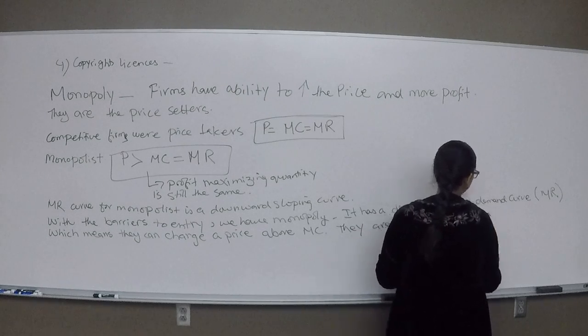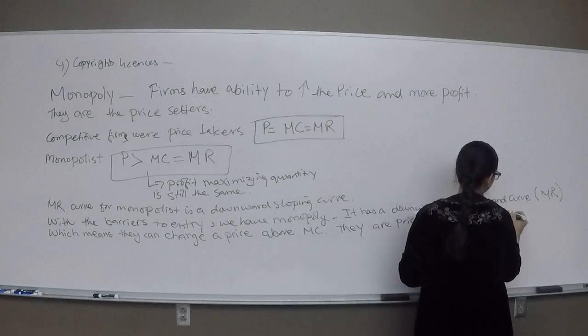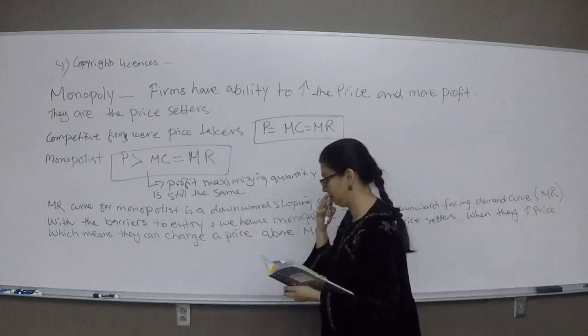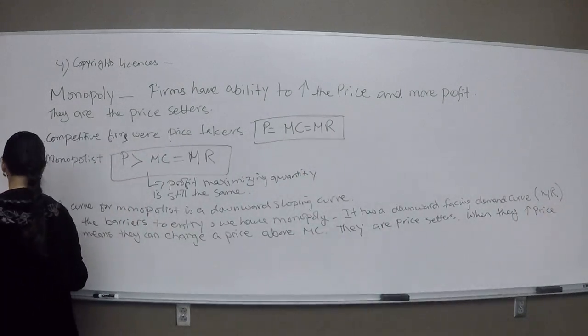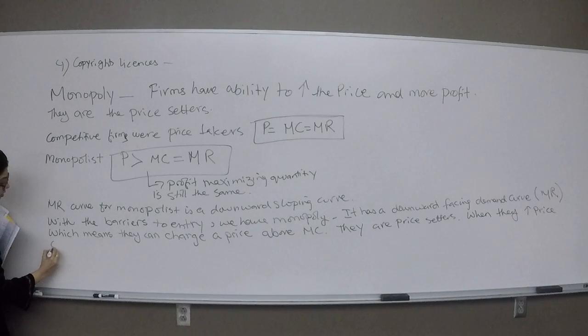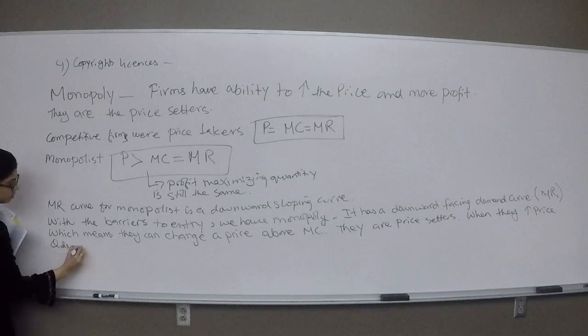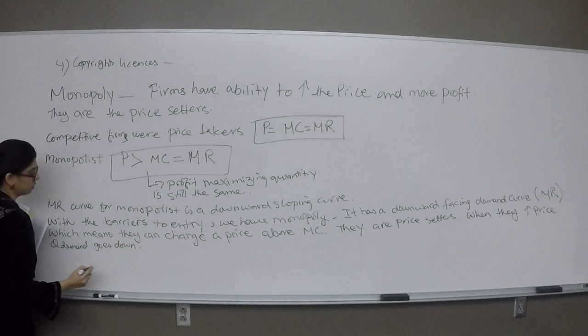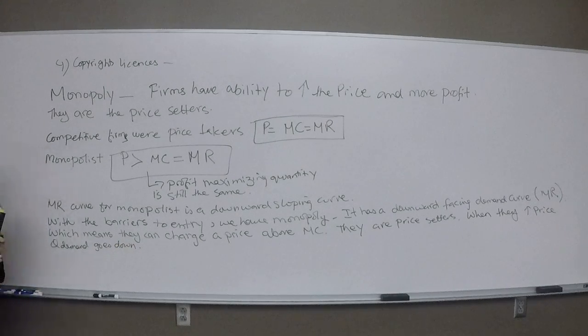When they increase price, quantity demand goes down. So just like our initial downward sloping curve in the beginning when we did markets, when price increases, quantity demand went down, right?